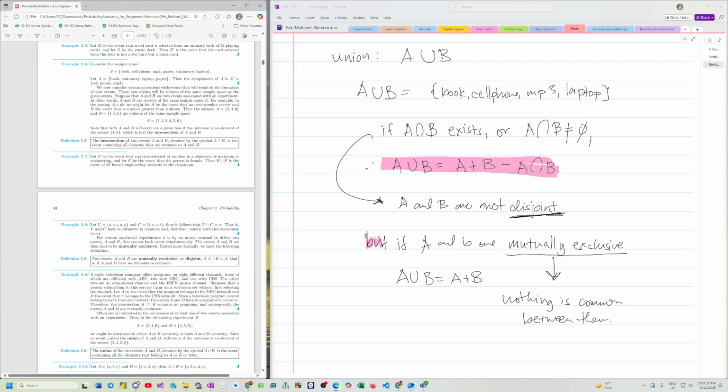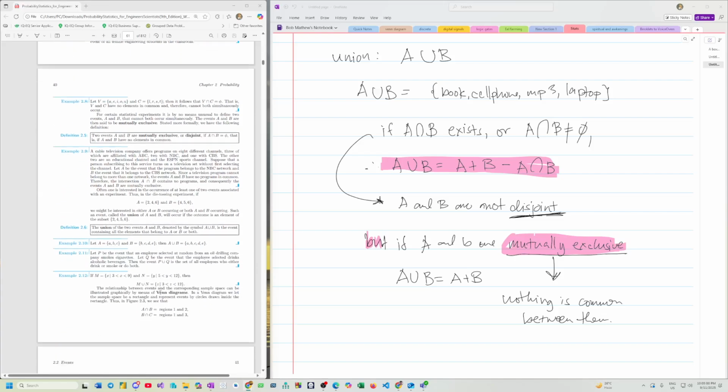Of course, I'm not going to go through the very technical jargon; I'm making it as simple as possible for you to understand, so I'm not going to be strict with jargon, as long as the meaning is correct. Mutually exclusive means they are exclusive, so no elements are common between them. So you just add them when nothing is common. That's all that means.